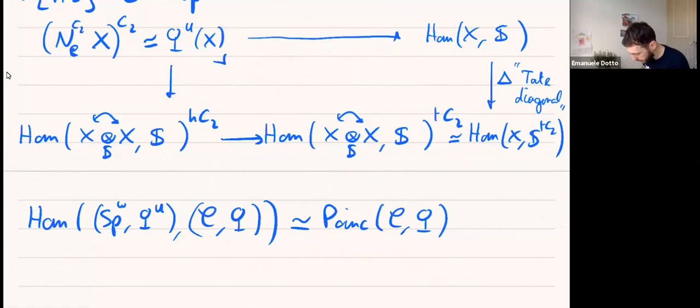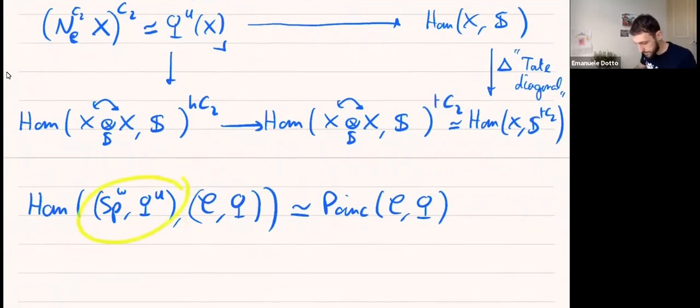And not only that, but there's also this category of pairs has a symmetric monoidal structure, and this happens to be the unit for that. So it has very, very nice properties.